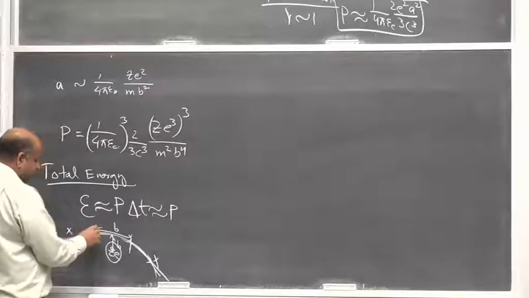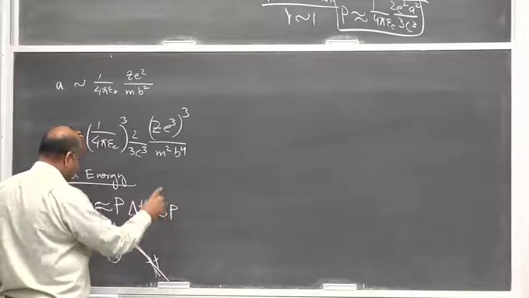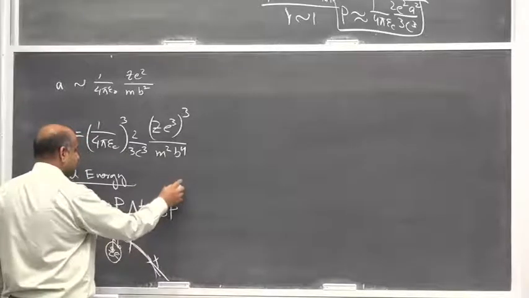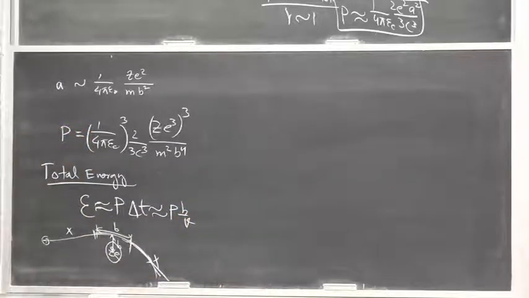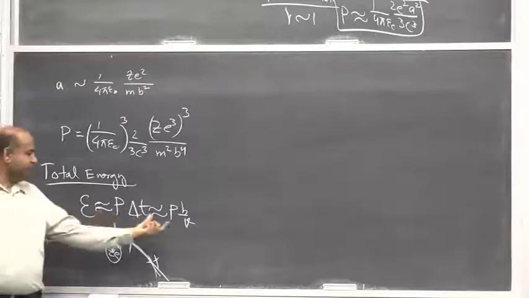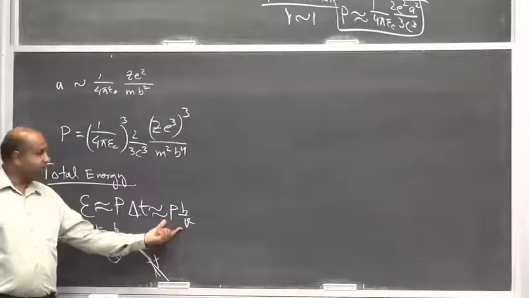If this is the distance b and it's going with speed v, then the time that it takes for it to travel this distance with speed v is b over v. So approximately this is the energy, that is total energy that is emitted by this.